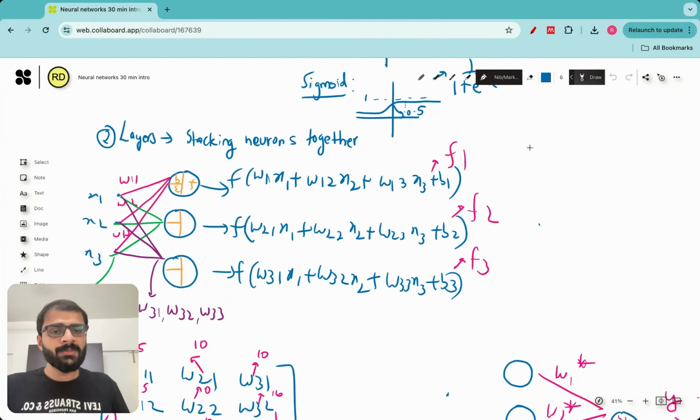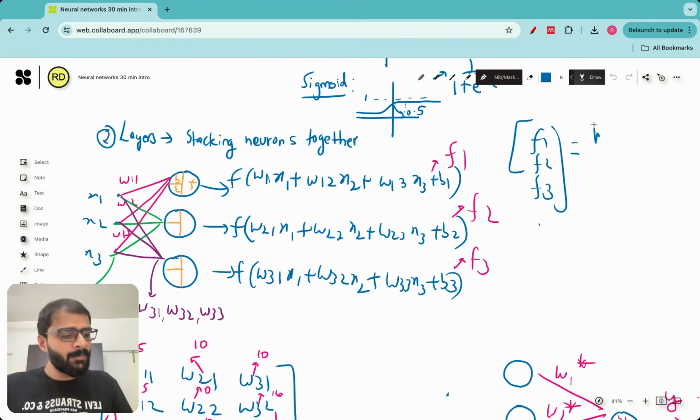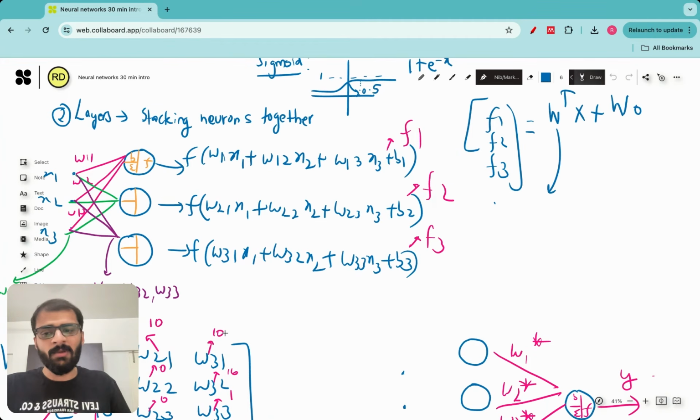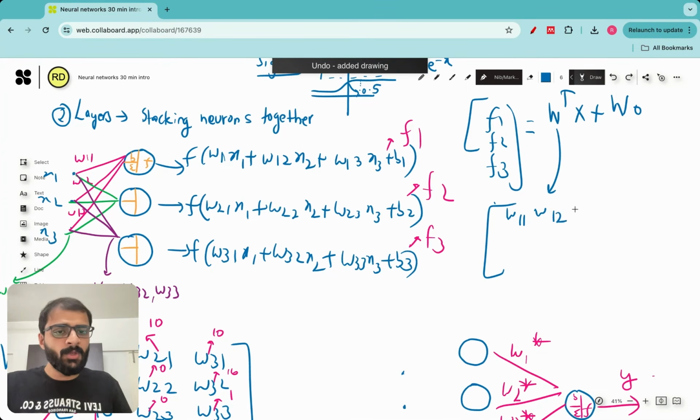these three outputs, f1, f2, and f3, can also be written as w transpose x plus w0, where w is the weight matrix which we have already seen here. So w transpose will be w11, w12, w13, w21, w22, w23, w31, w32, and w33.